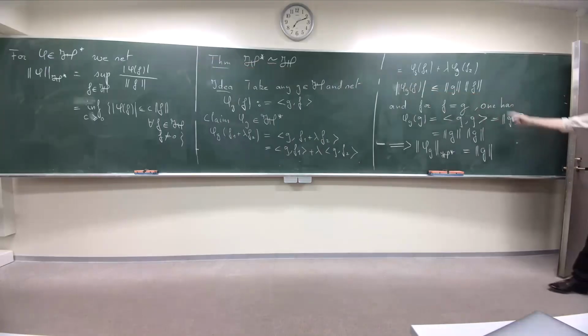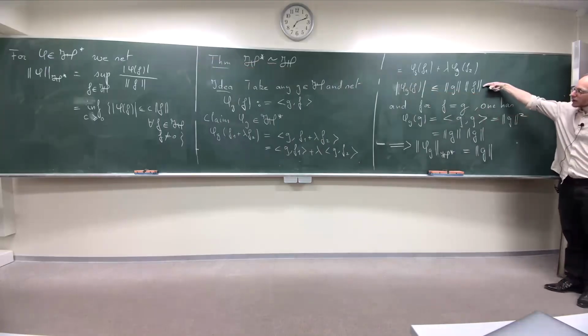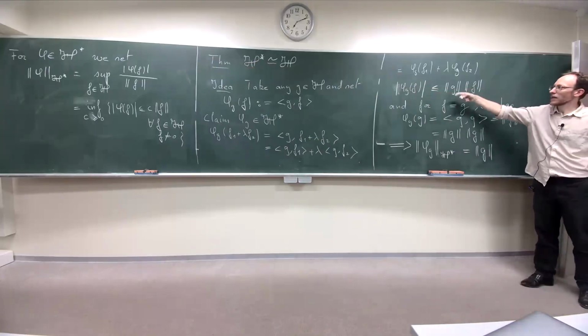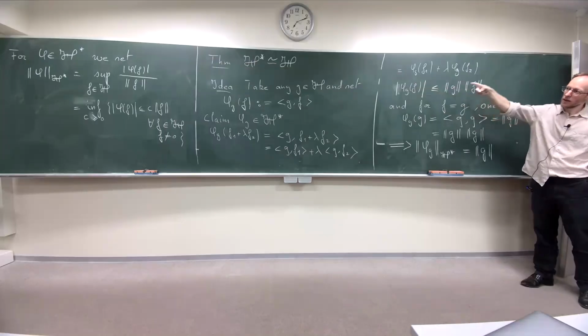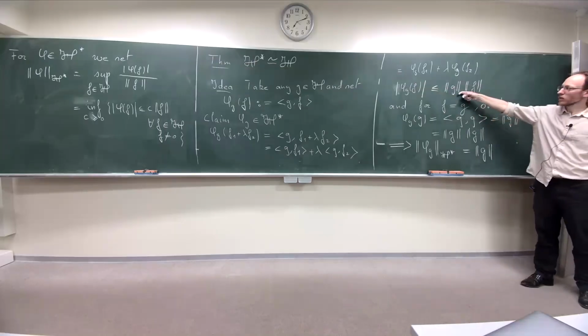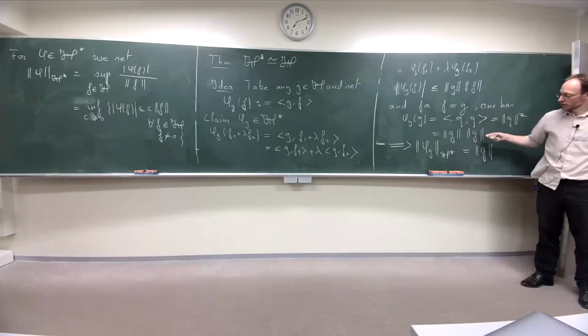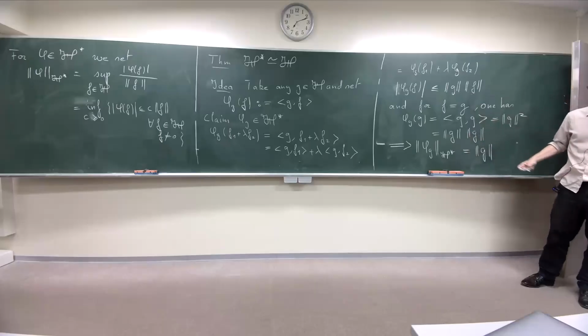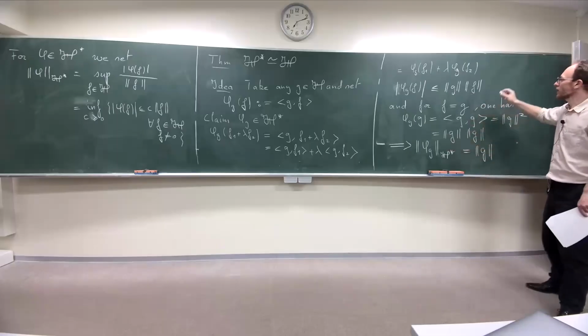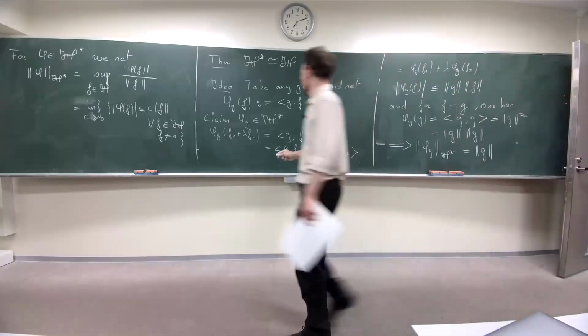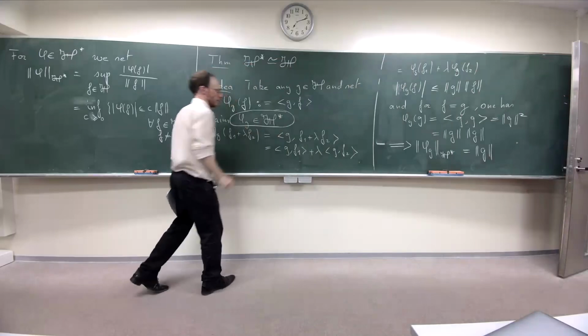You have no choice because you have an inequality, so it means C is at most this one, because you have to take the minimum value. But you cannot take smaller than this one because you have it here. So the conclusion is that we have proved the claim here.